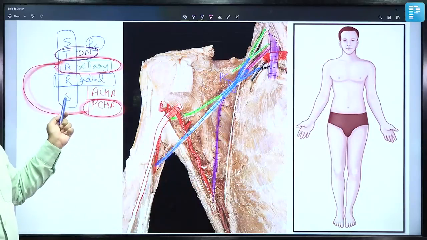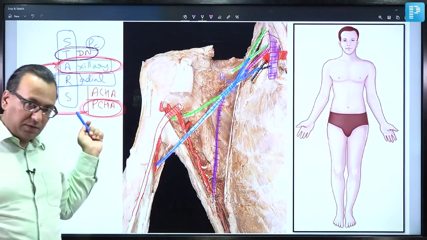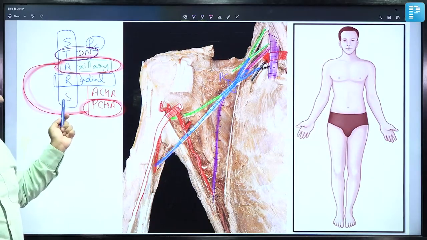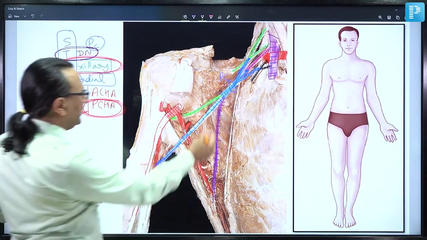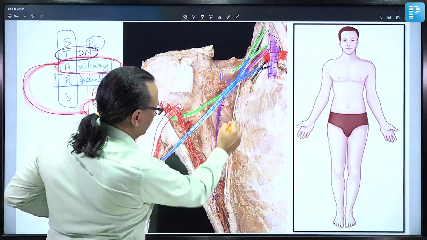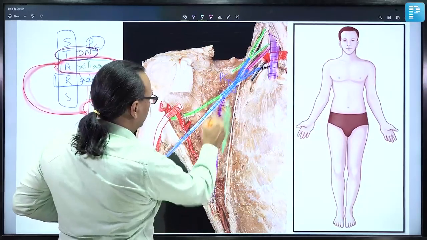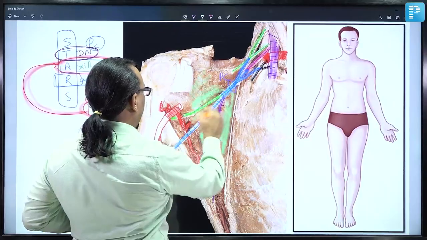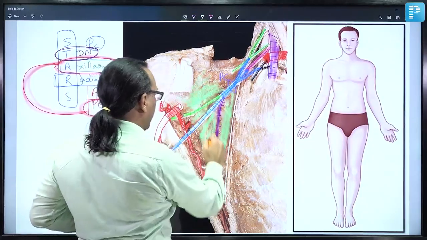Okay, then what is this? Upper S and lower S. These are the nerves under scapula, supplying the muscle under scapula: upper subscapular nerve, lower subscapular nerve. Not clearly seen here, but they will be supplying this muscle here under the scapula. And who is this muscle under the scapula? That is the subscapularis muscle.